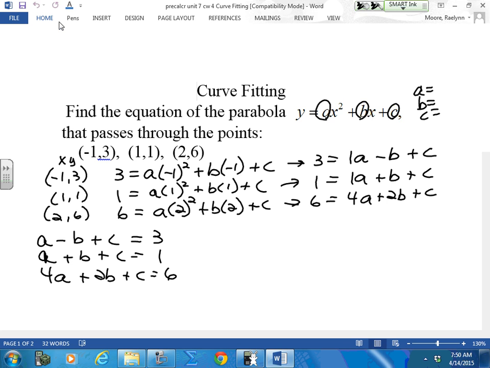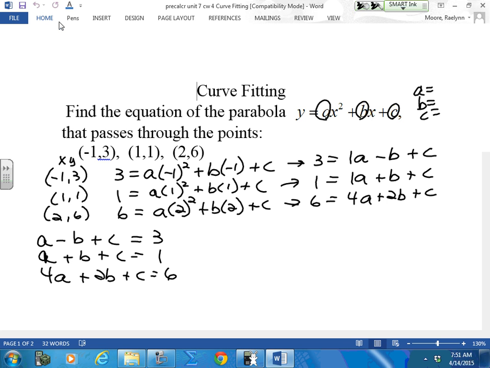Now, we're going to walk this one through using systems of equations. We're going to combine 2 to eliminate one variable, combine another 2 to eliminate the same variable, then we're going to get our A and B, combine those, and eliminate a variable. The problem with some of you when you walk through this, you didn't eliminate the same variable.